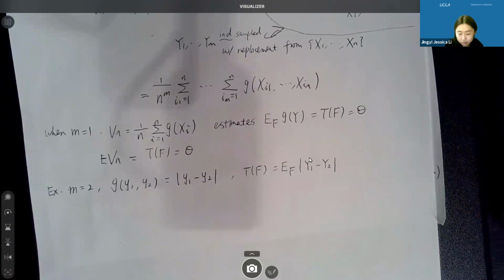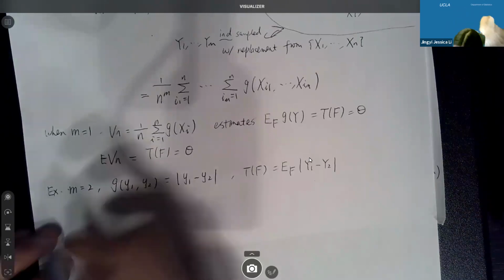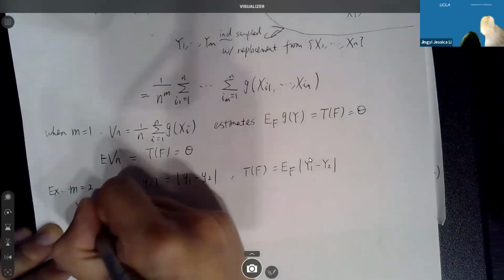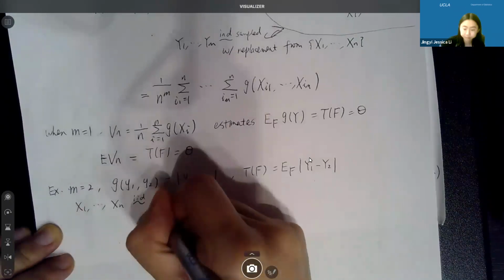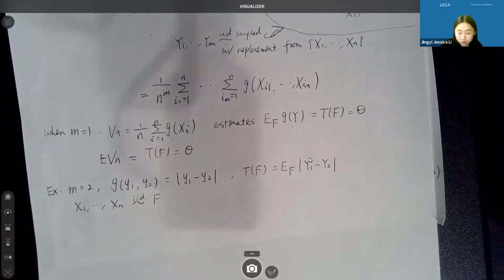So how does this work? Let's say we have a random sample x1 to xn. The sample is IID from F, and we want a plug-in estimator for T(F), the V statistic.